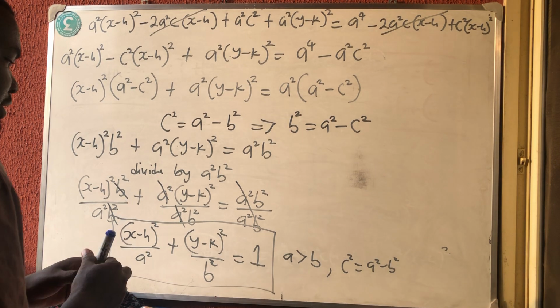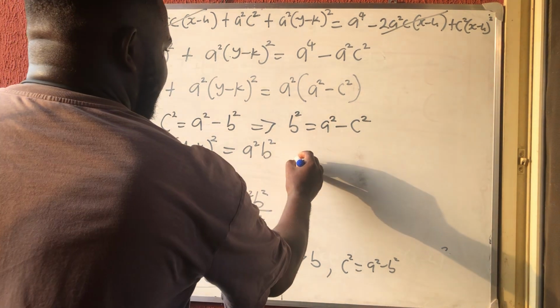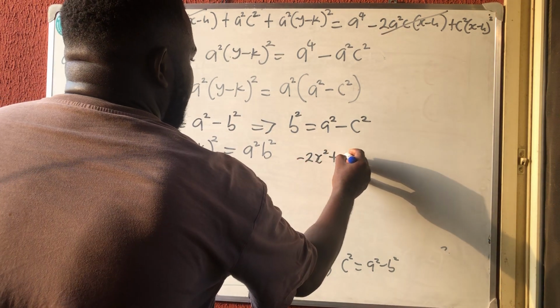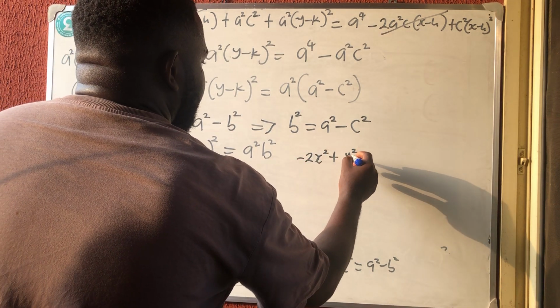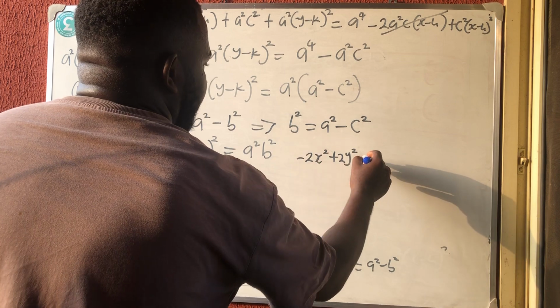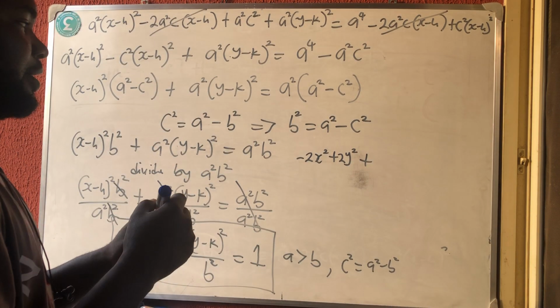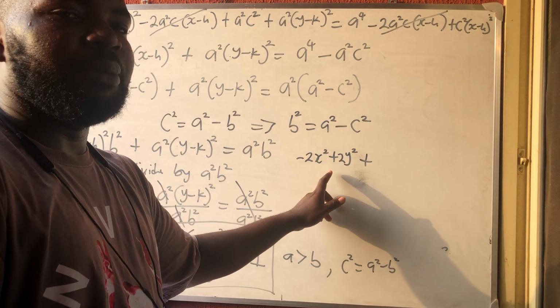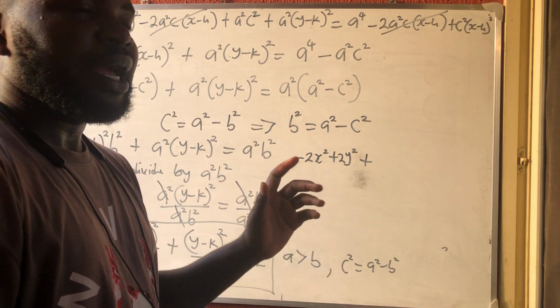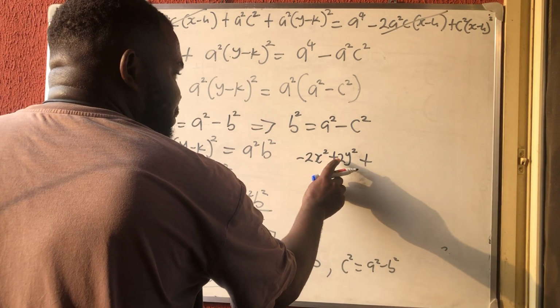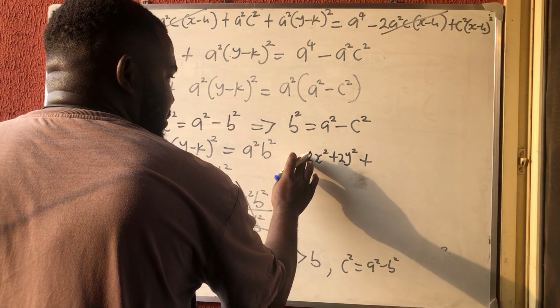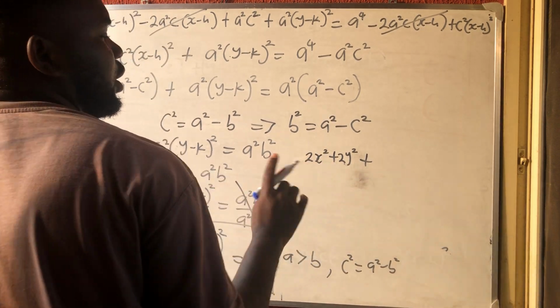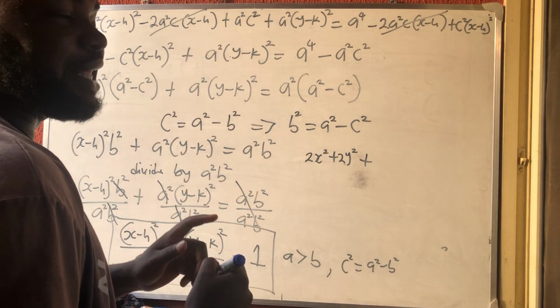For example, if you have minus 2x squared plus 2y squared plus blah blah blah, it is 2 here, but their signs are not the same, so it's no longer an ellipse. An ellipse said the sign must be the same, but the coefficient will not be the same. So if it's plus plus like this with the same coefficients, it is not an ellipse, it is now a circle.